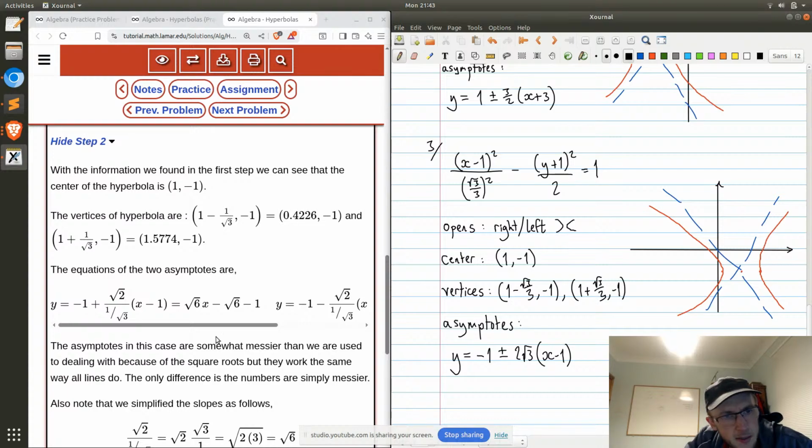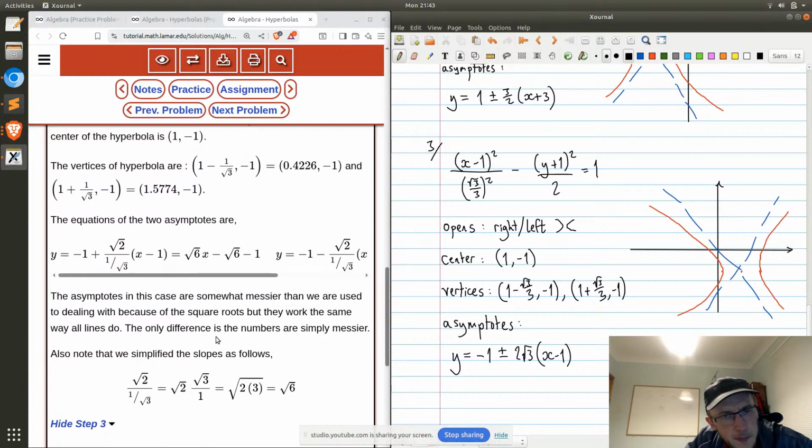And for the asymptotes, oh, darn it. That's the square root. Oh, darn. Okay. You caught me. I didn't see that. Root 2. Root 2.